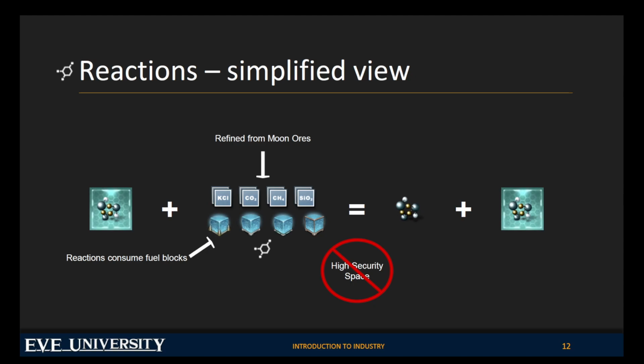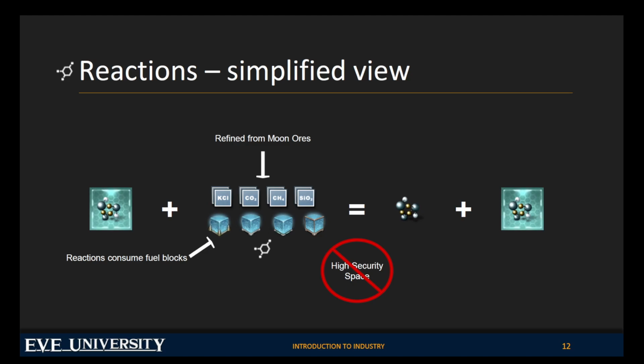Gas takes up a lot of space in your ship. Yeah, you can get a Miasmos and fill it up, but if you react your gas, suddenly it shrinks down, and now you don't have to have as much space, and it's more valuable.